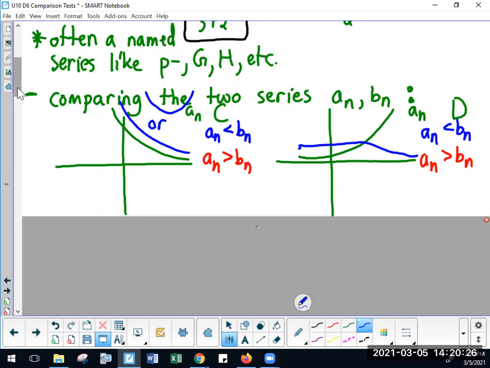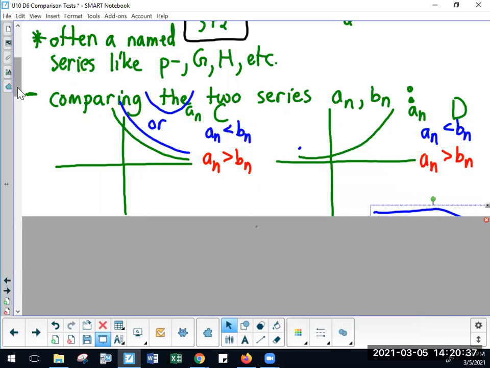How come? Because here they are equal, and here B sub n is less than A sub n. That's not possible. I can't do that. It's got to be something like this, right? Has to be something like that. Got it? All right. So let's go back to the first one.